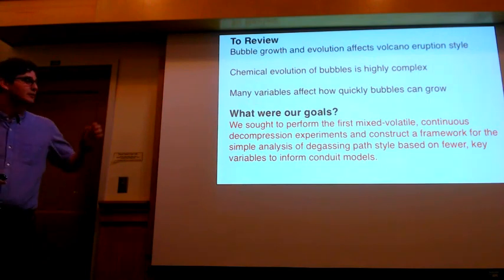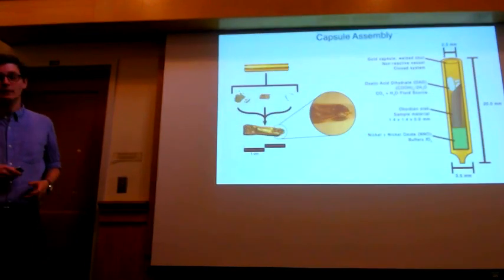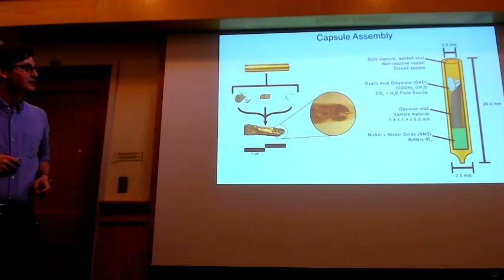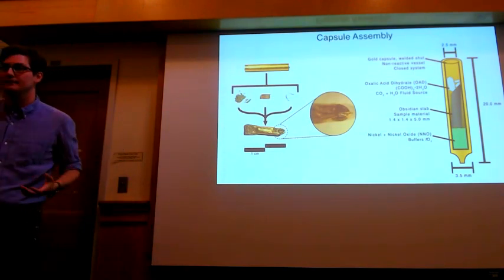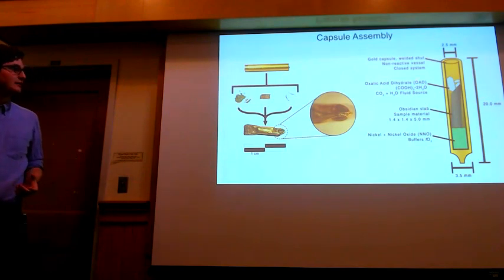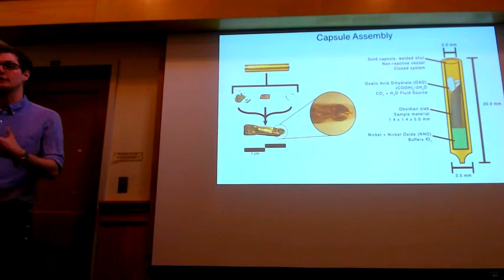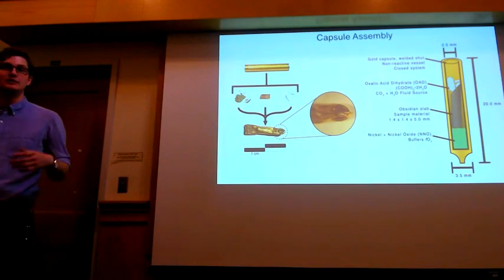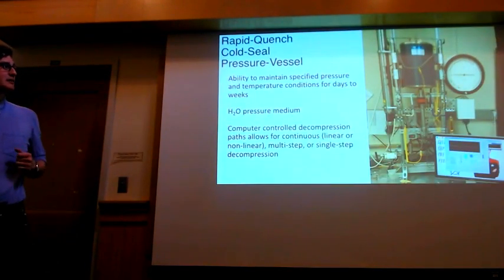So let's start with the experimental work. The experiments all start with our capsules. This is about a 1 centimeter long gold capsule that we fill with obsidian and then some other material to make a water and carbon dioxide fluid. Then we seal it up and weld it, and then we can load it up into our rapid quench cold seal pressure vessel.